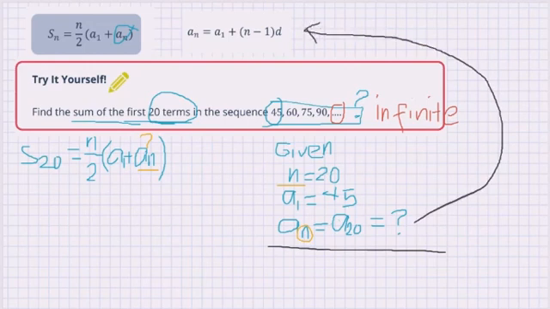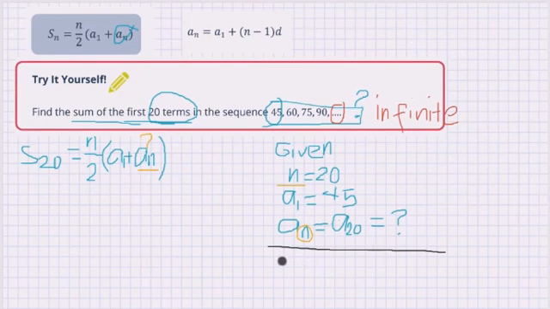How to get the nth term using the general formula: a sub n is equal to the first term, so we have the first term 45, plus quantity of n, which is given as 20, minus 1, which is constant, times d. So how do we get d?